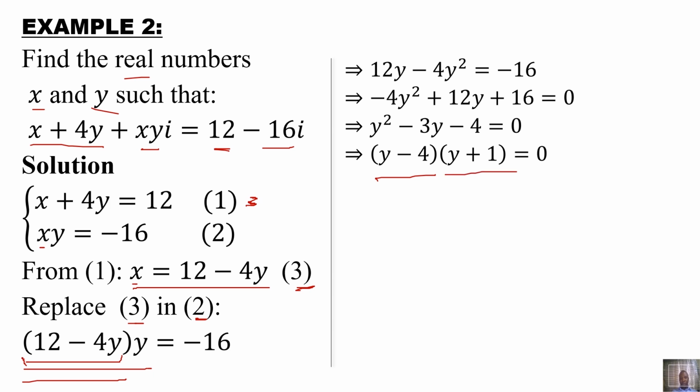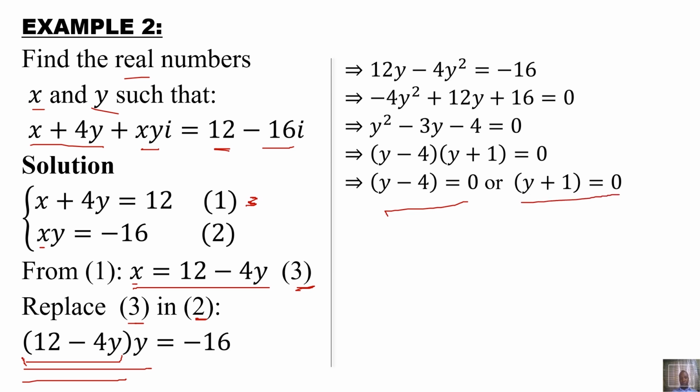And from this equation, y minus 4 equals 0 or y plus 1 equals 0. When you have a product equation, each factor must be equal to 0. That's why y minus 4 equals 0 or y plus 1 equals 0.